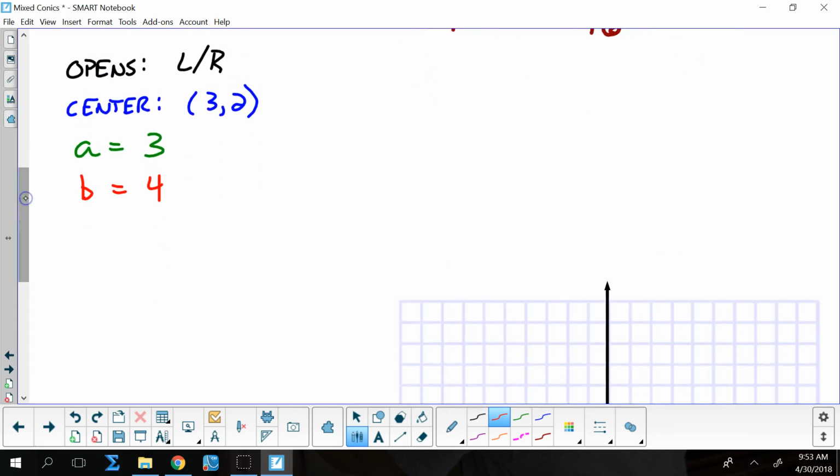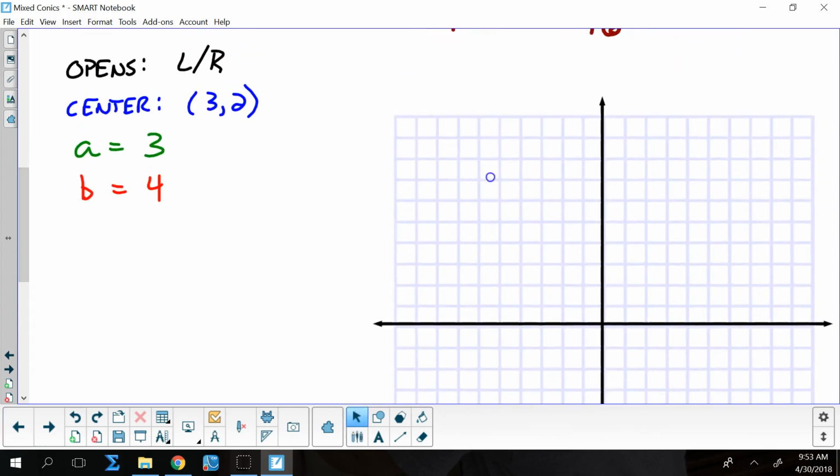Let me move this up just a little bit. Okay, so I have a center at 3, 2. I've got an a value of 3: 1, 2, and 3. I've got a b value: 2 and 4, so here.